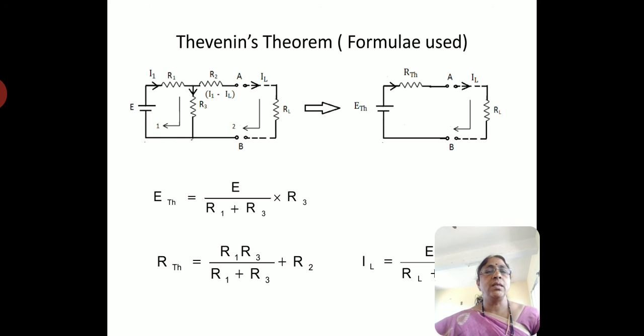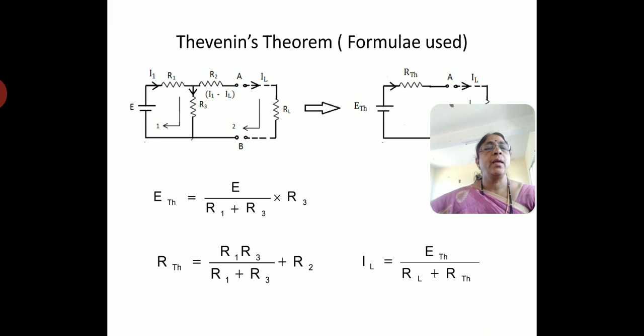Here the Thevenin resistance is R1 R3 divided by R1 plus R3, plus R2, and the Thevenin voltage is E divided by R1 plus R3, into R3. As RTH and RL are in series, we can easily calculate the current flowing through the load as IL equal to ETH divided by RL plus RTH.